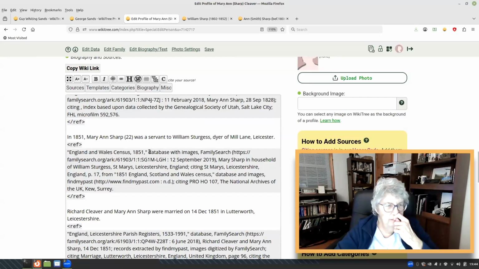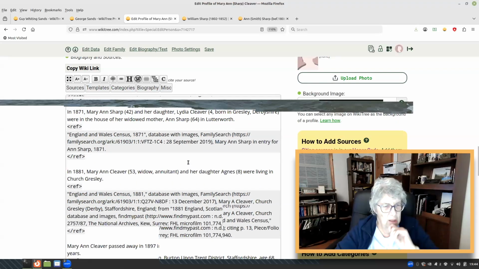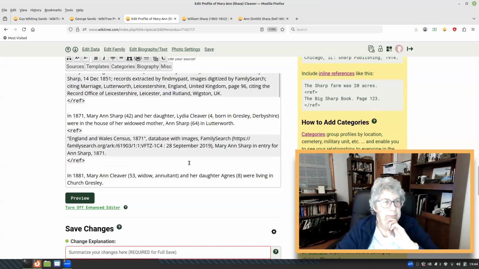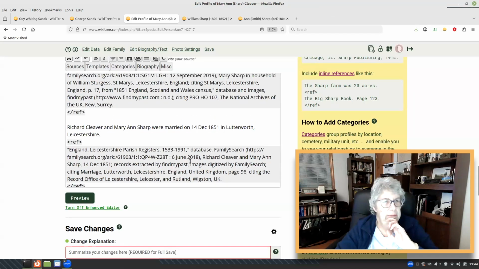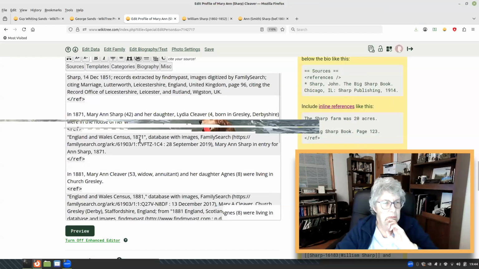This is a 1851 census in Leicestershire. Should we take out the 1861 census? I don't know. It's not in there anywhere else, so we're going to leave it. We're not going to mess with it.